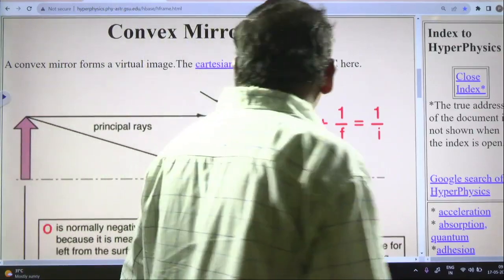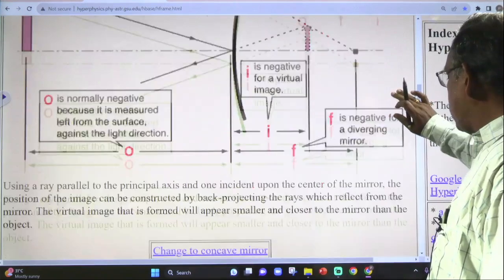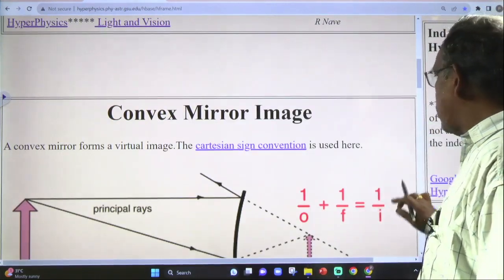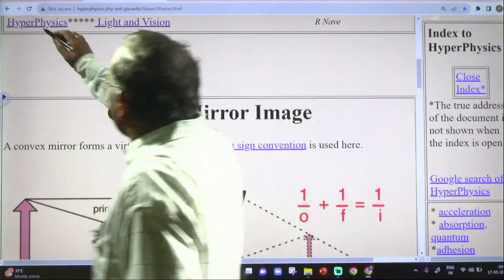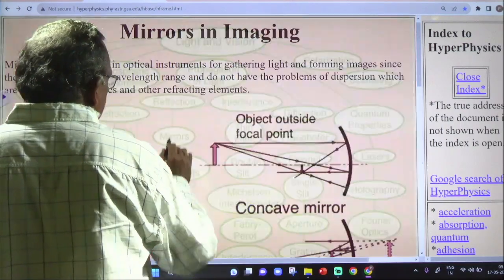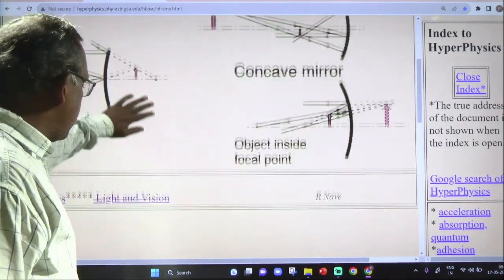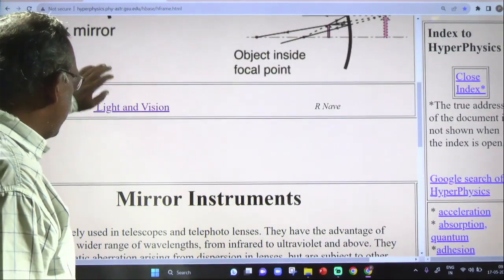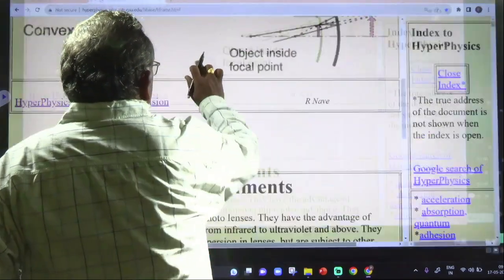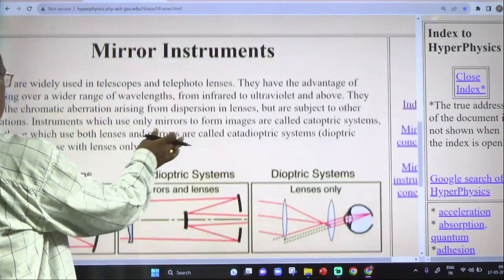Here, in the case of convex mirror, if you take this, we'll go back to that. So in this particular slide on reflection of mirrors, the object is inside the focus, and these are the mirror instruments basically.